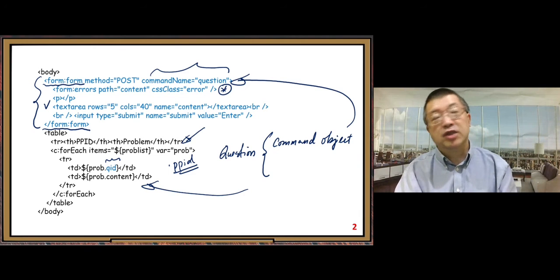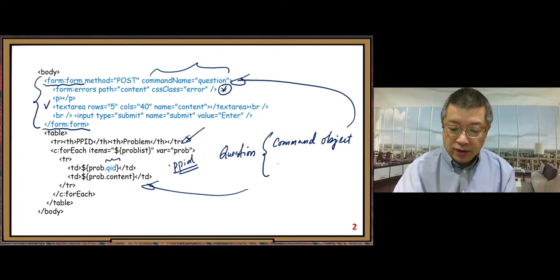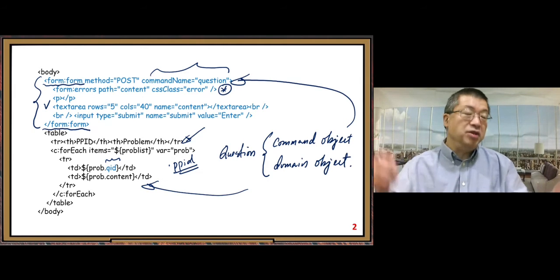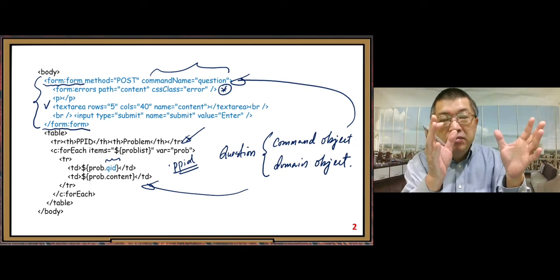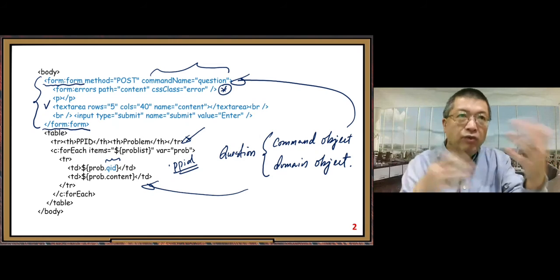But in this place, it's not a command object. It is a regular domain object. So it's okay, we do not need to separate them. We use the same class in different roles.